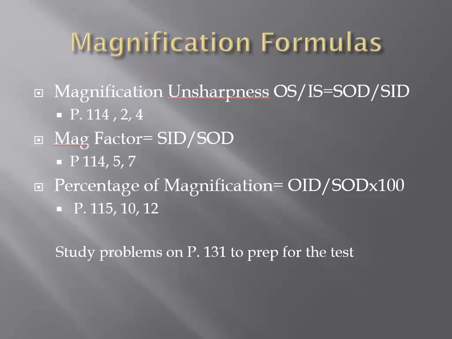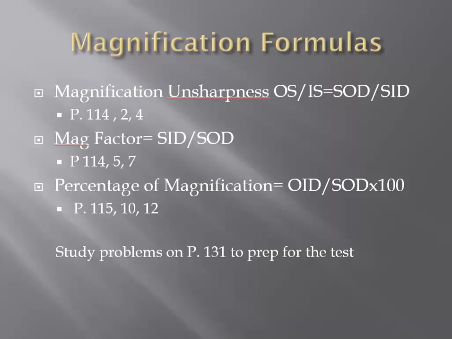So this 1.11 indicates that we've got more than the whole, so the projected image size is larger than the object size, and it's by 11%. 1.11 would be an 11% increase in image size over the object size.